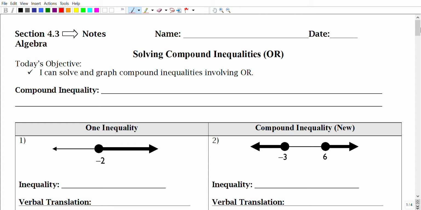So let's go ahead and first identify and define what a compound inequality is.